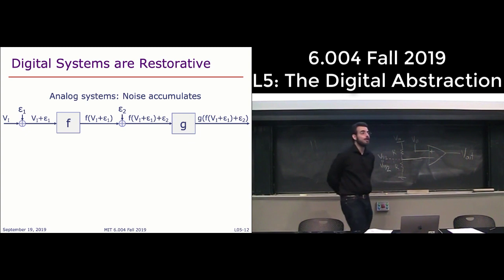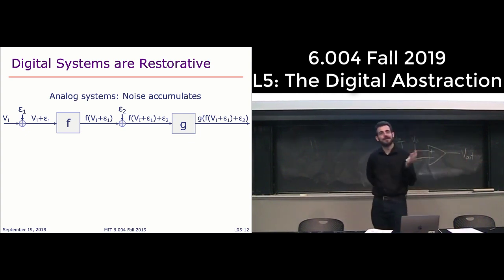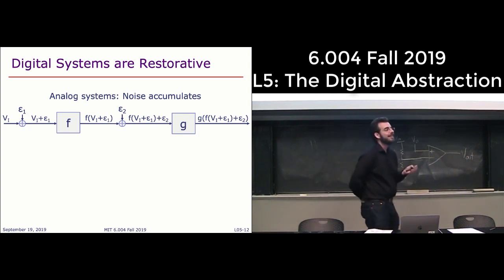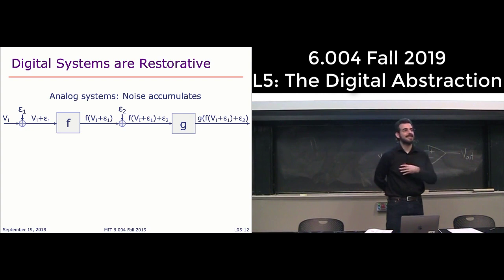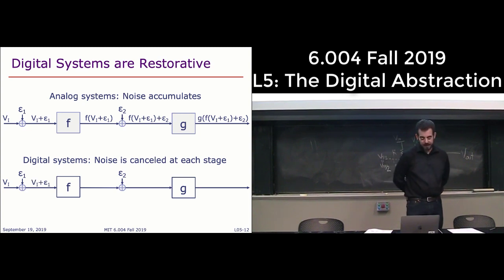This is why, if you perform 1 billion instructions on some value encoded as an analog value, you're going to have a bad time, because in the end that is going to be garbage. By contrast, digital systems cancel noise at each stage.